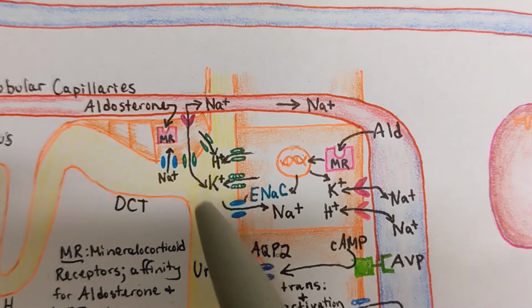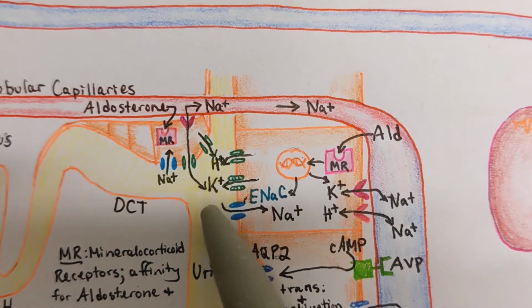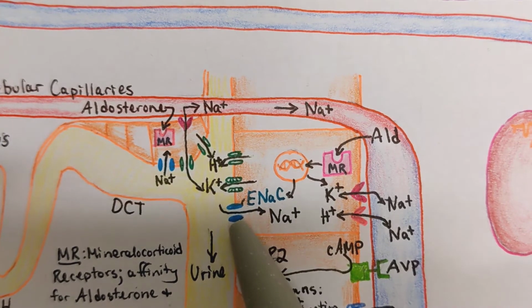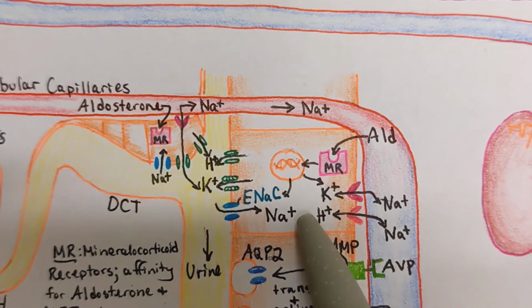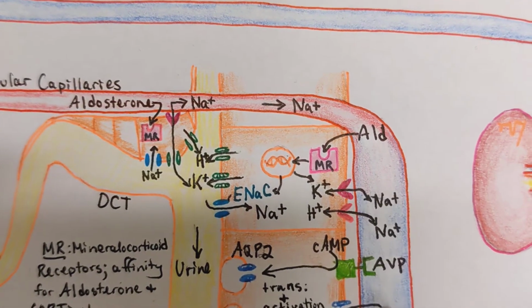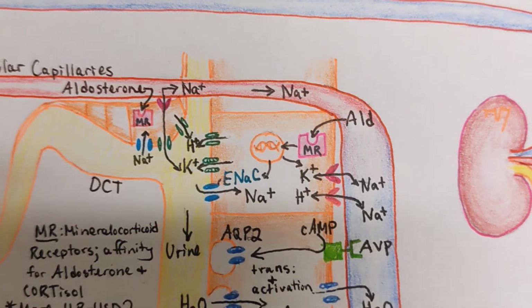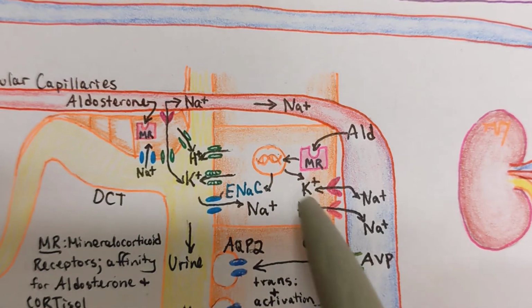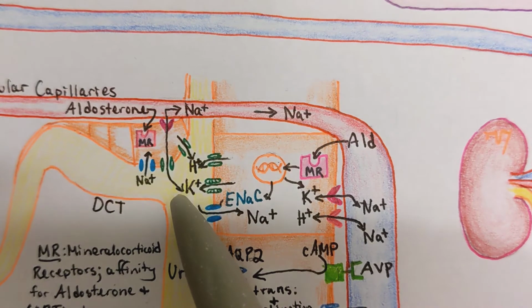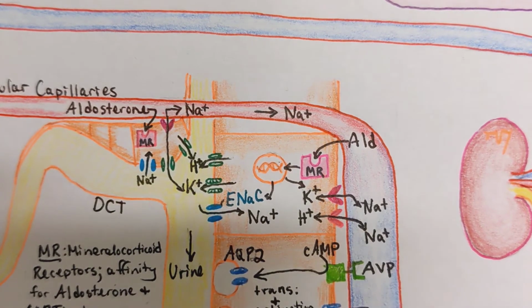And so sodium is going to flow from high concentration over here in the filtrate, down its concentration gradient through the ENaC into the cell, and finally be pumped into the blood. Okay, so at the same time, we are reabsorbing a lot of sodium from the urine, ultimately into the blood.